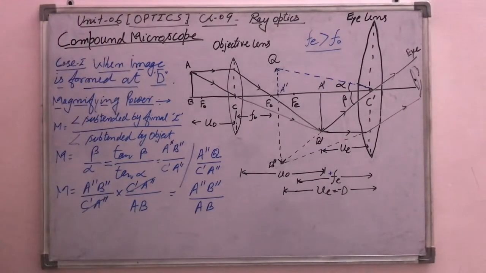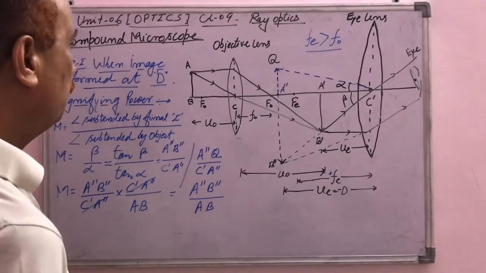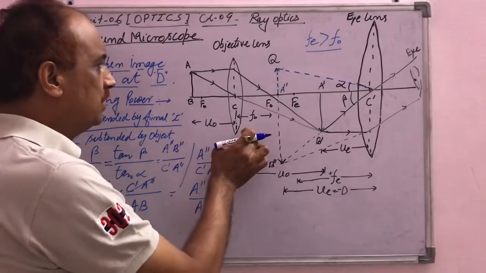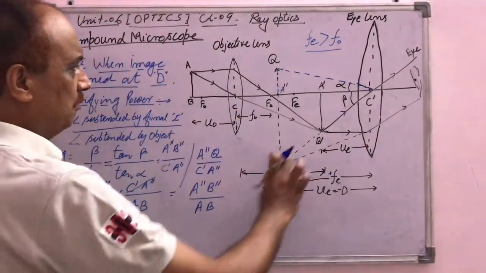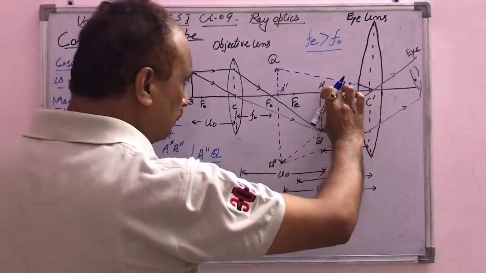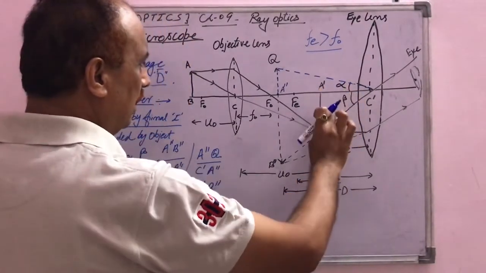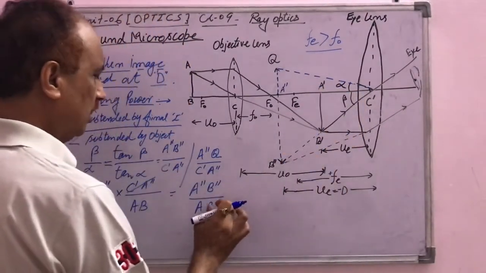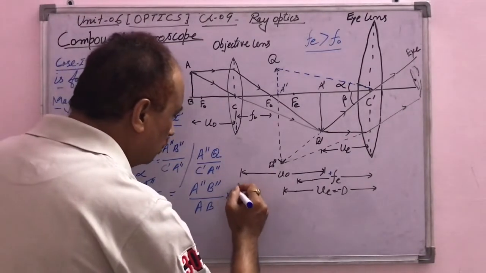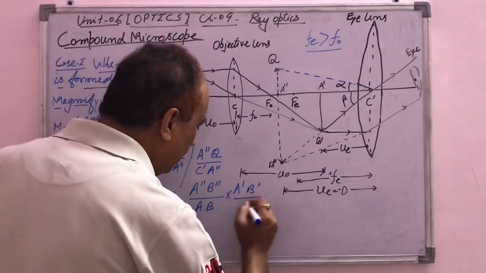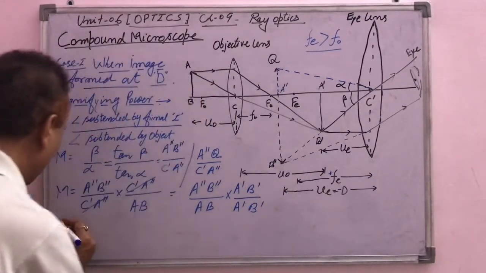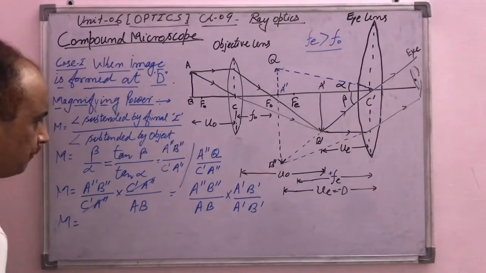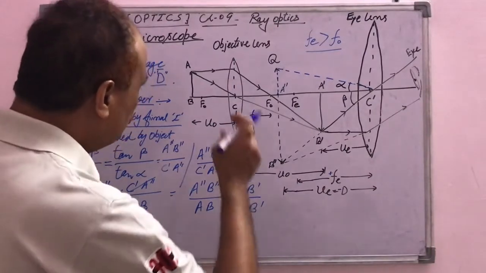Now to find out the magnifying power of the objective lens and the eye lens, we have to multiply by the height of the image, that is A dash B dash, in numerator and denominator, and make the right combination for the objective lens.